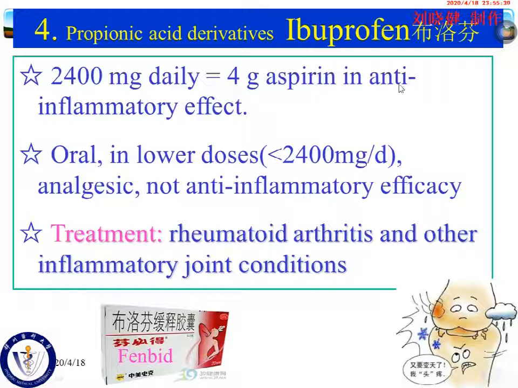So it means it is more potent than aspirin. It can also be administered orally in lower doses to treat pain, but with no anti-inflammatory efficacy. In our daily life, it is commonly used to treat rheumatoid arthritis and other inflammatory joint conditions.